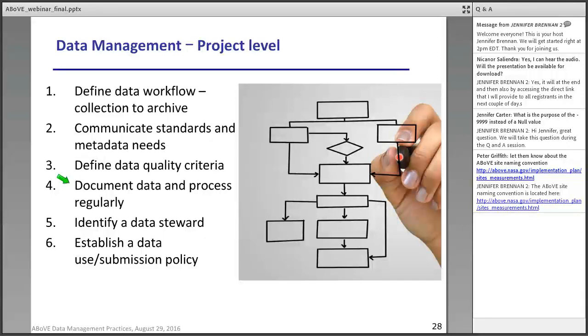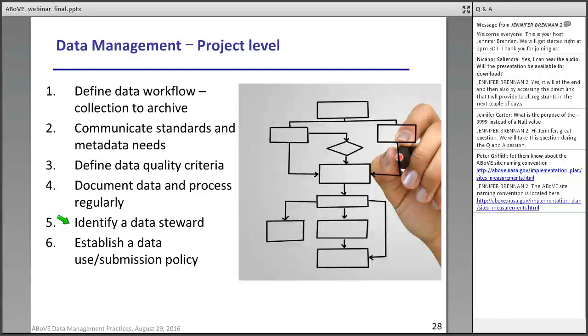In terms of defining the workflow and the data and the metadata process, this has to be documented regularly. And in some ways, it is better to establish that process early on in terms of defining when the documentation needs to be collected, what format, and how they have to be stored should be discussed at the project level. For large projects, if you have multiple teams working on different parameters and measurements, you may consider identifying a data steward.